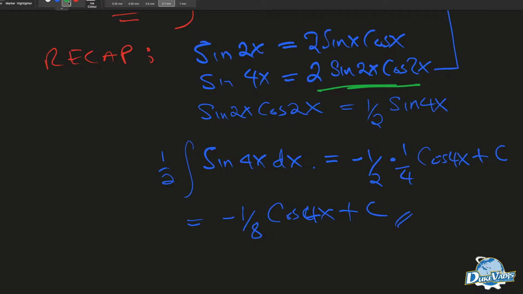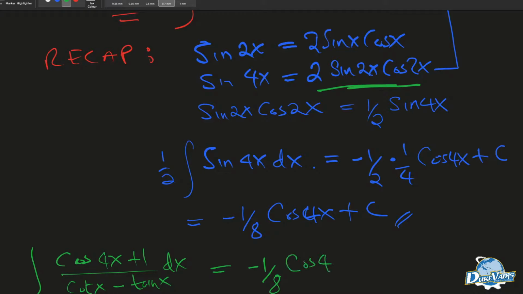Okay? So now, finally, when we see the integral of cos 4x plus 1 all over cotangent of x minus tangent of x dx, our answer is nothing but negative 1 over 8 cos 4x plus c.